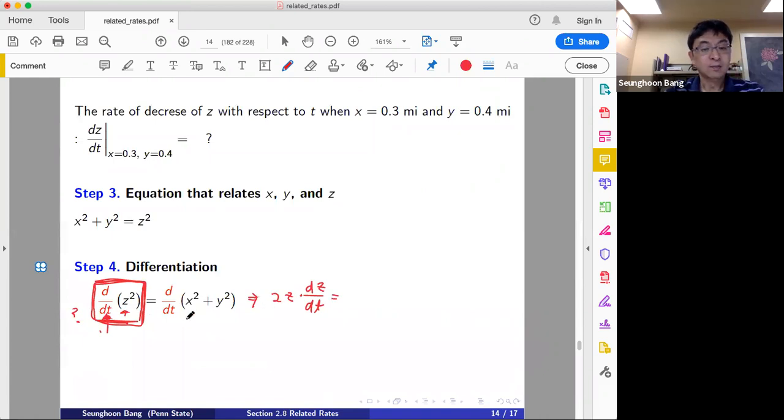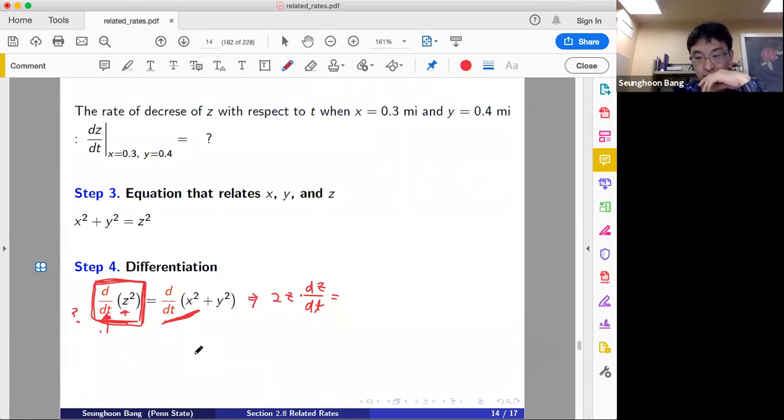What is d of x squared with respect to t? Could you write your answer on the chatting board? Okay, how about the other students? Do you have the same answer?